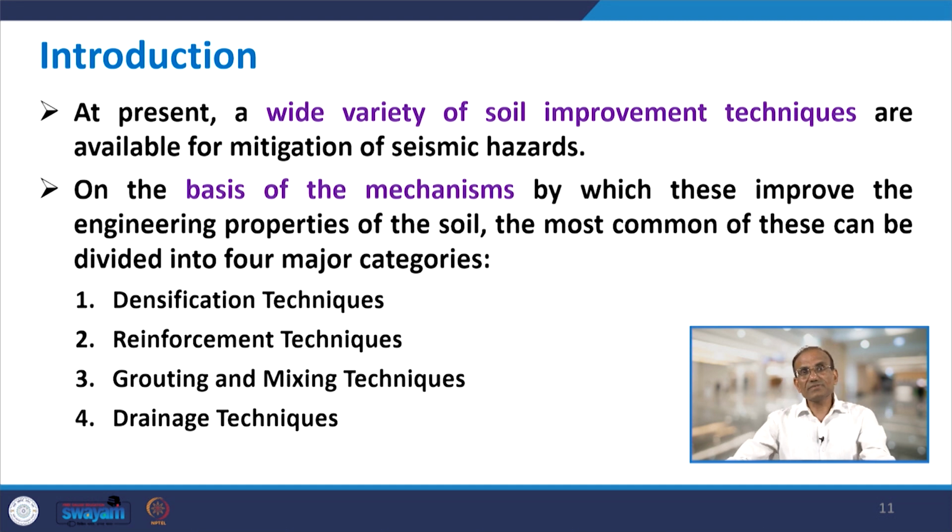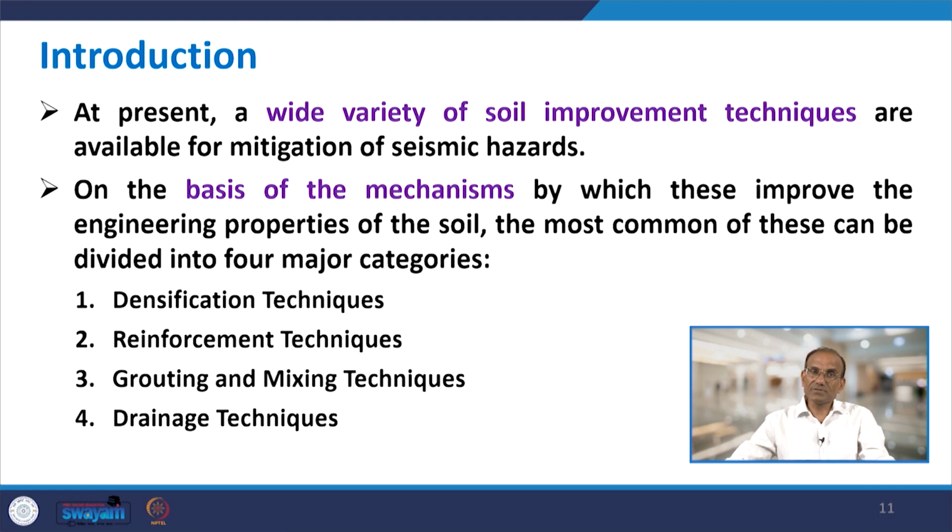On the basis of the mechanism by which these improve the engineering properties of the soil, the most common of these can be divided into 4 major categories. The ground improvement techniques can be grouped into 4 major categories: one is the densification techniques, the second is the reinforcement techniques, third is grouting and mixing techniques, and finally the fourth is drainage techniques.